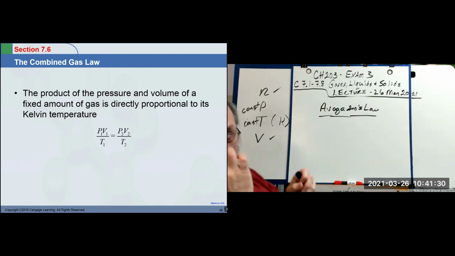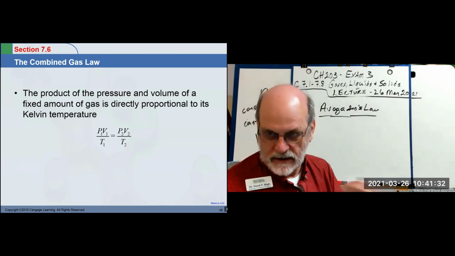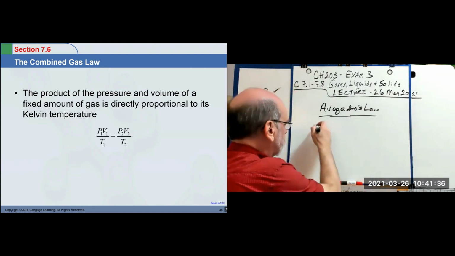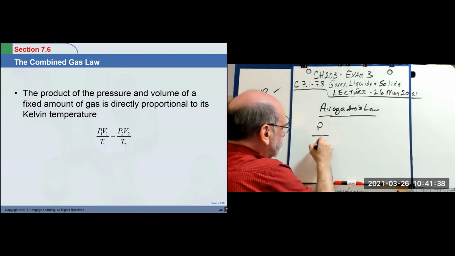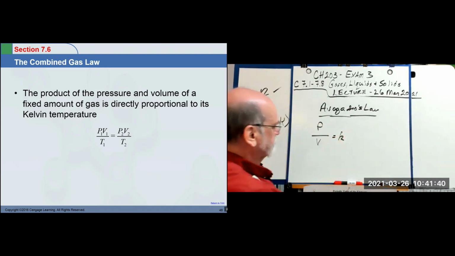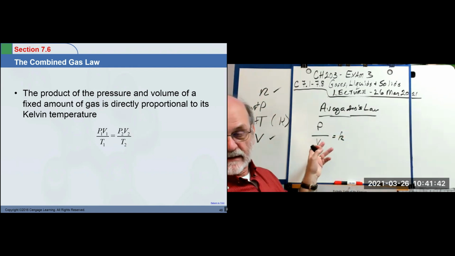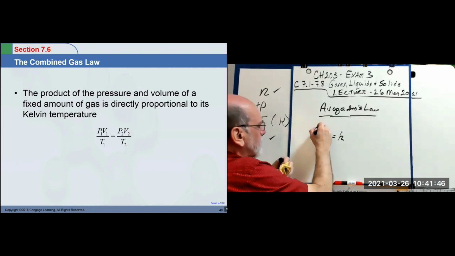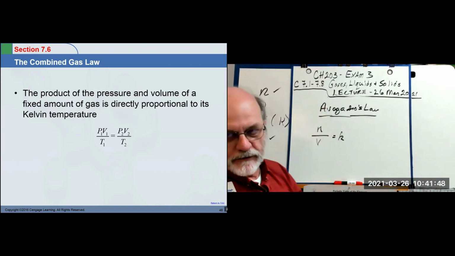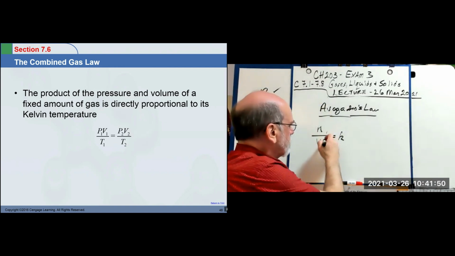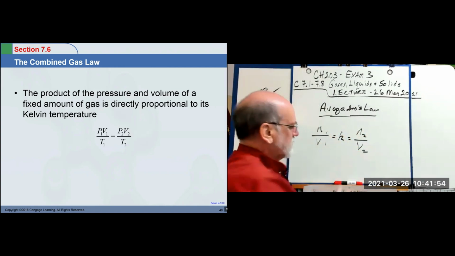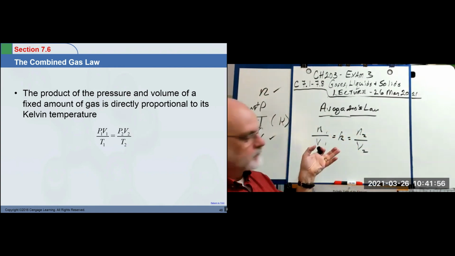And if you increase the number of moles in the vessel, the volume will increase. Okay, so they're directly related. Oh, sorry. Moles and volume. So if you say this and this, there you get before and after.